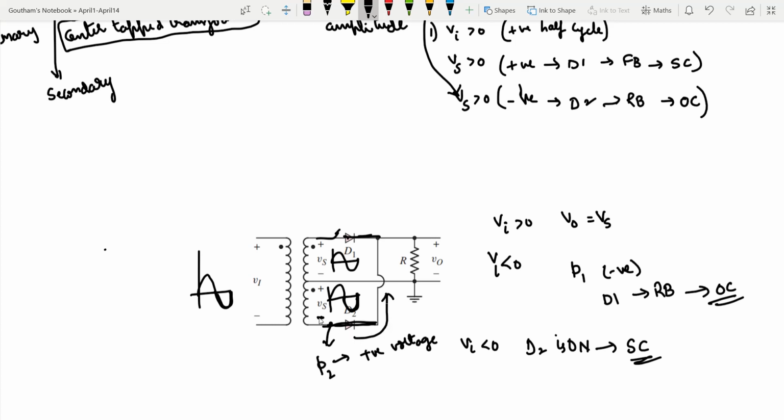What happens now is there is a net current flow through this direction. Remember, because this is the negative terminal connected to D2, and the negative half cycle is flowing, we see a net positive voltage.